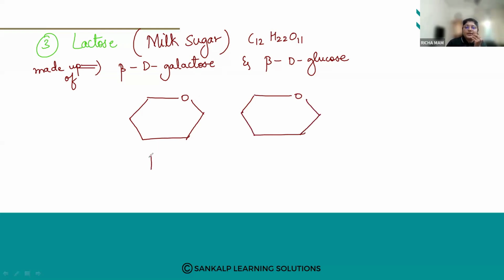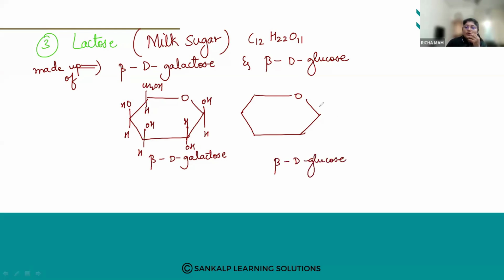So this is beta D galactose. And beta D glucose: OH on the top, H below.